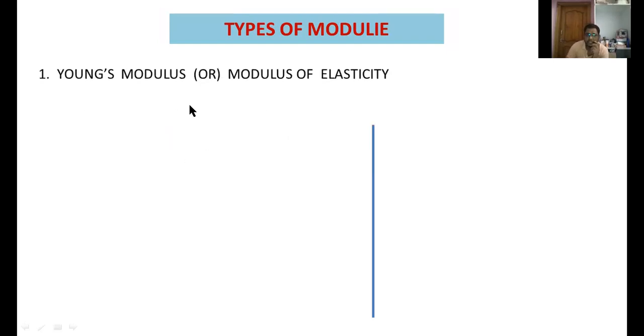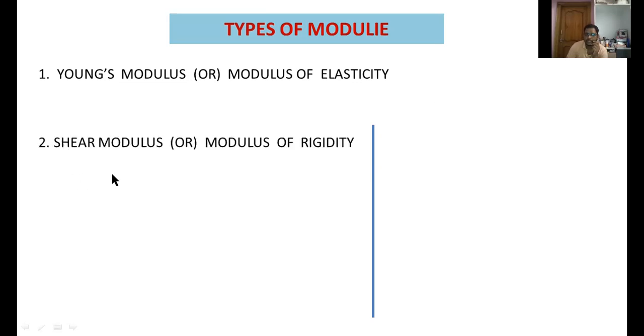Now coming to the next topic, types of moduli. Types of modulus are also very important to predict the strength of the material. There are three moduli from our subject's point of view, and these three are very important to predict the behavior of the material. First is Young's modulus, or modulus of elasticity, used for determining the elasticity of the body.